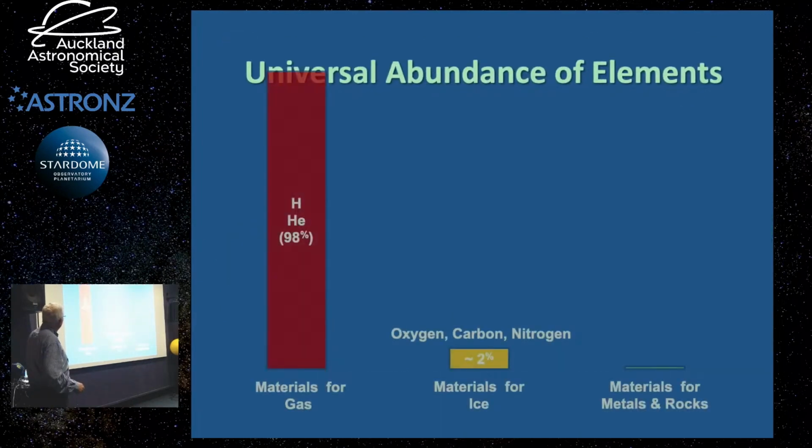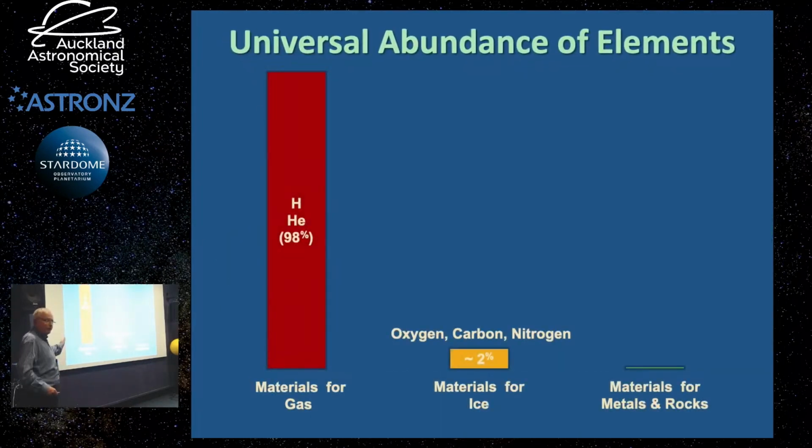So let's look at universal abundance of elements. As I've previously mentioned, right across the universe, 98% of the universe is hydrogen and helium gas, and of course there's extreme amounts of it to make up the gases for the gas giants. You're probably already seeing where this is starting to head.